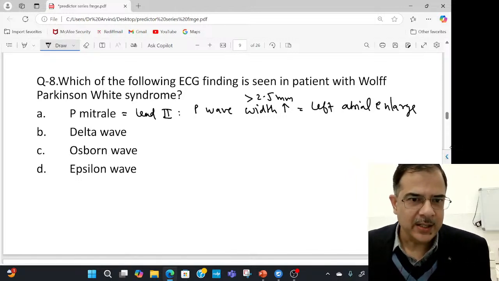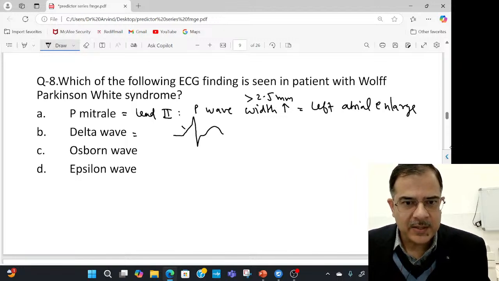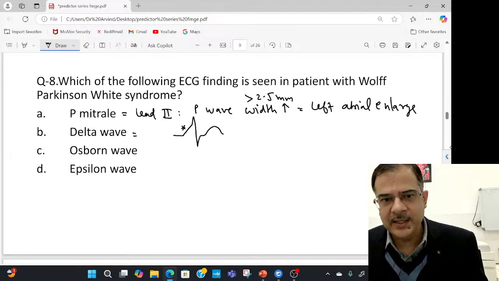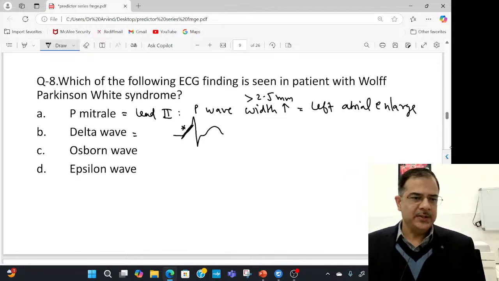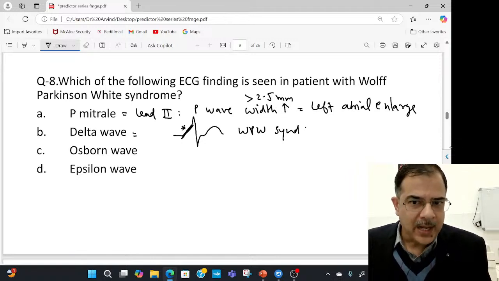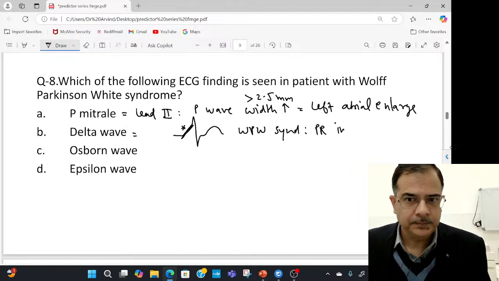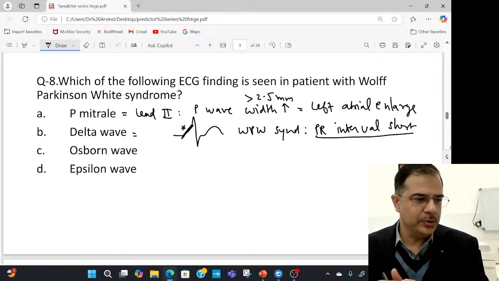Now, delta wave is this wave, where in the initial part of the QRS there is a slanting. That slant is known as the delta wave. This initial slant of the QRS is a feature of WPW syndrome. And also the PR interval will be short. In WPW syndrome, PR interval is short.